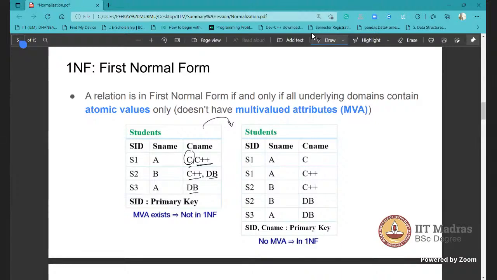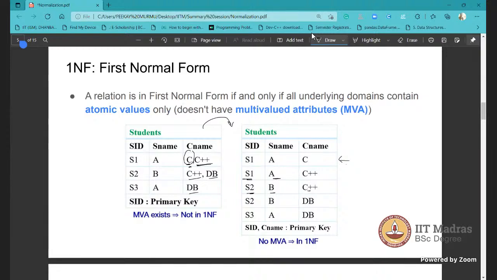Here you can see the C name for this one is in one row, and we write the corresponding SID and S name. Similarly for C++, the same thing is repeated. Up to this is clear, right? How to simplify multi-valued attributes to first normal form.